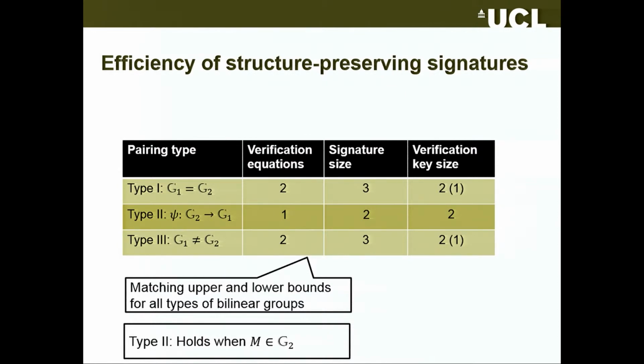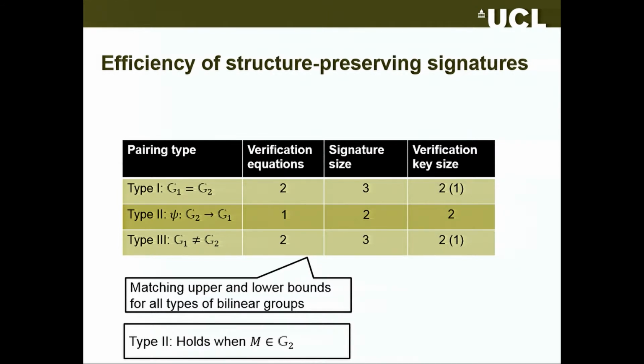And we know that for these constructions in the type 1 and type 3 settings, there are constructions that require 2 additional group elements on top of the default generators that we have in the setup. I put 1 in parentheses because one of the group elements can be a random group element, and you don't need to know the discrete logarithm of that. And then you can include it in the setup and reuse that for many different public verification keys.